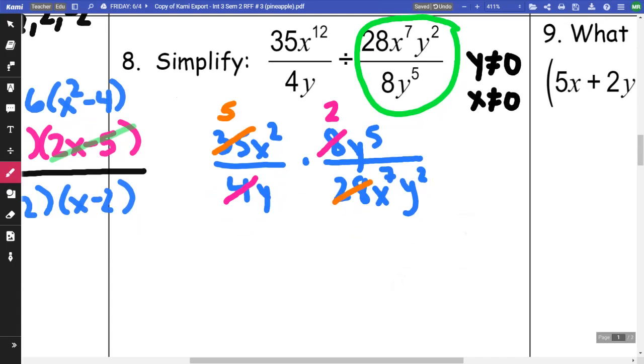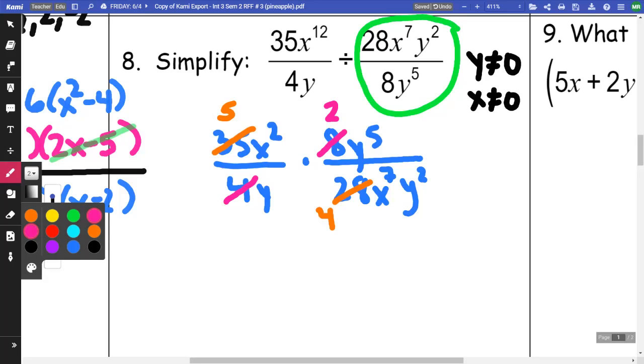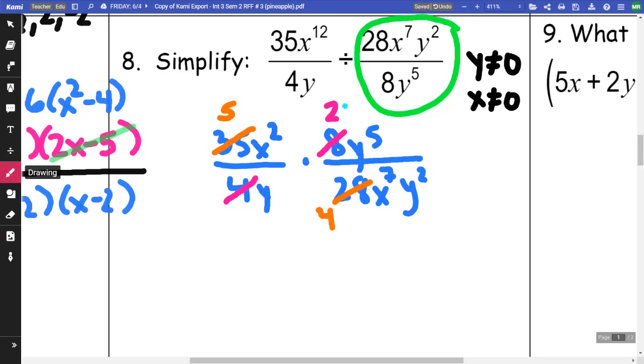So this is going to be a 5, and this is going to be a 4. And then I can take 2 from here, so that's gone, and 2 from here, so I get a 2. So in terms of the numbers, I'm going to have a 5 on top and a 2 on bottom.